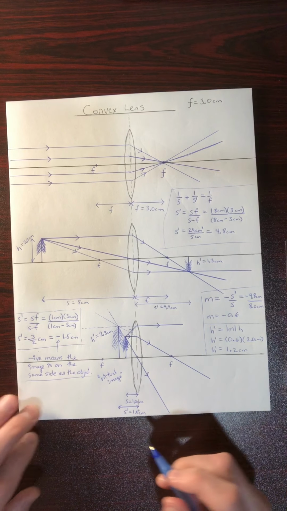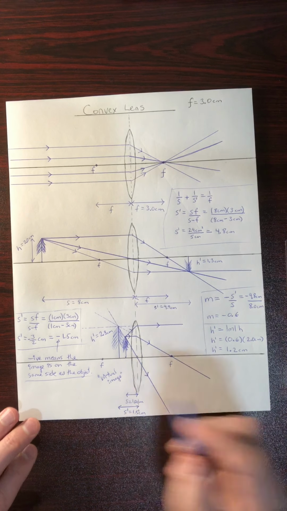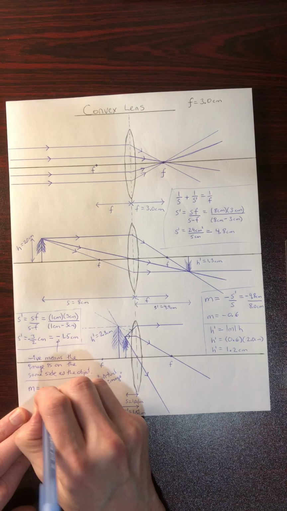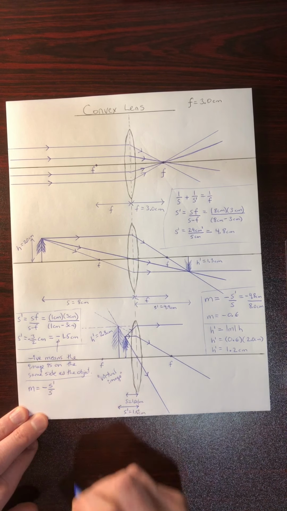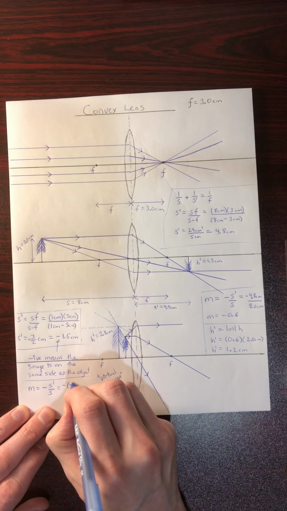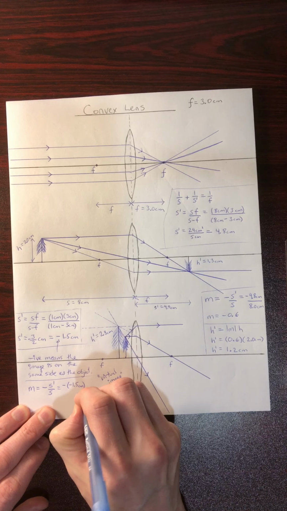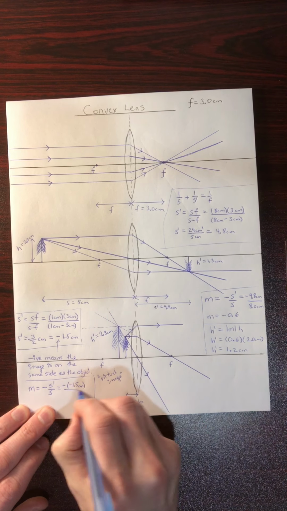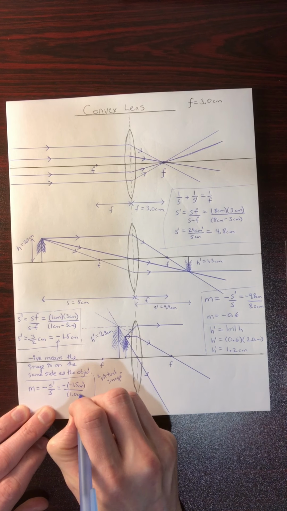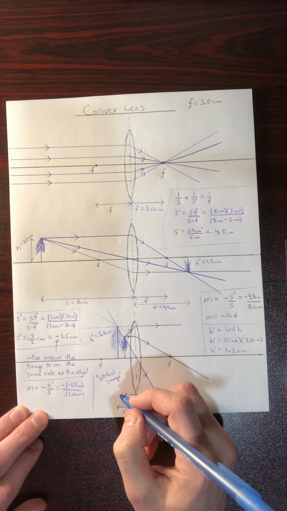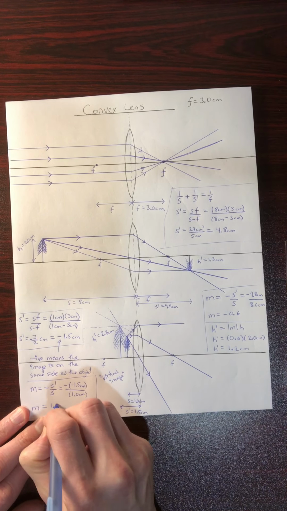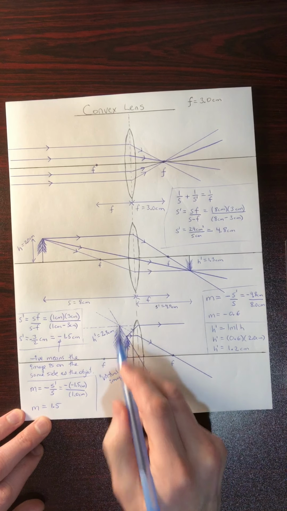Now the other part that we could do here is the magnification. So we could say, well, our magnification is minus S primed over S. And so that's going to be negative, and then negative 1.5 centimeters over, it was 1 centimeter. And so we get a magnification factor of 1.5. So that means it's going to be bigger, and we saw that.